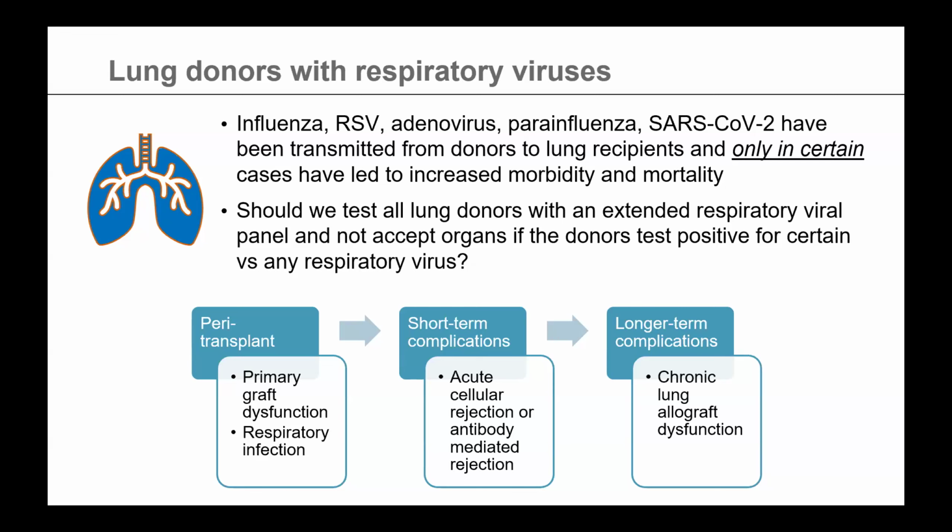However, what we really need to know, and what I think is the challenge to us as clinicians and transplant infectious disease physicians with our transplant colleagues, is to understand in which patient this is going to be the case, and how we manage our recipients in terms of antivirals at the time of transplant, but also immunosuppression post-transplant, in a way to try to minimize some of these non-infectious sequelae.